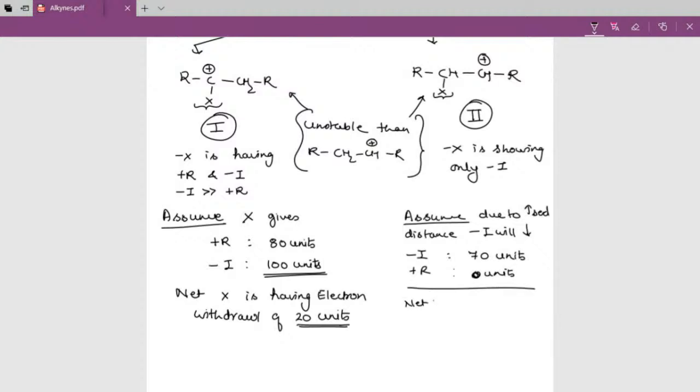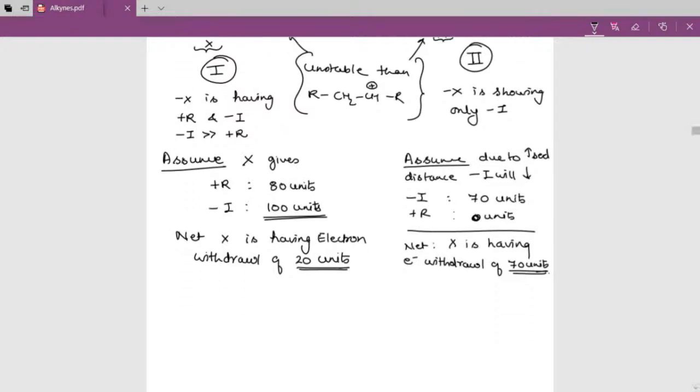So net, halogen is having electron withdrawal of 70 units. I think this will help you understand why relatively 1 will be preferred, 1 will be formed, and thus 1 is more stable than 2.